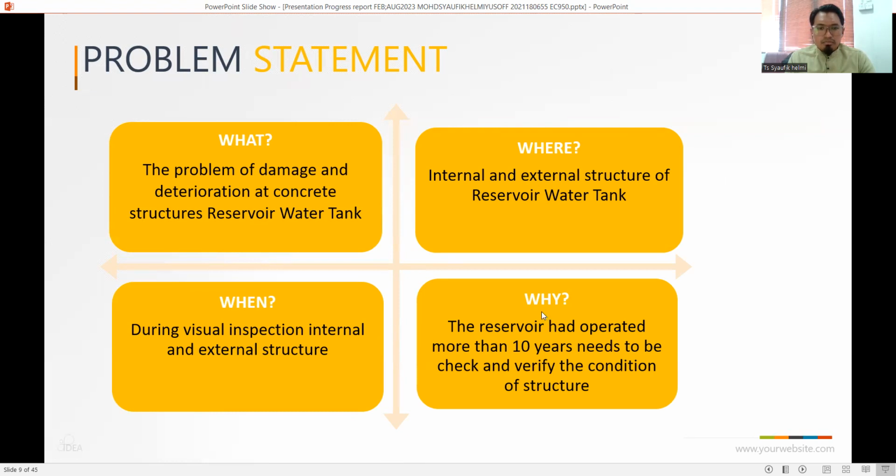Because the reservoir has operated for more than 10 years. Before this, I explained this building was built in 2002. So this is more than 10 years, and it needs to be checked to verify the condition of the structures.